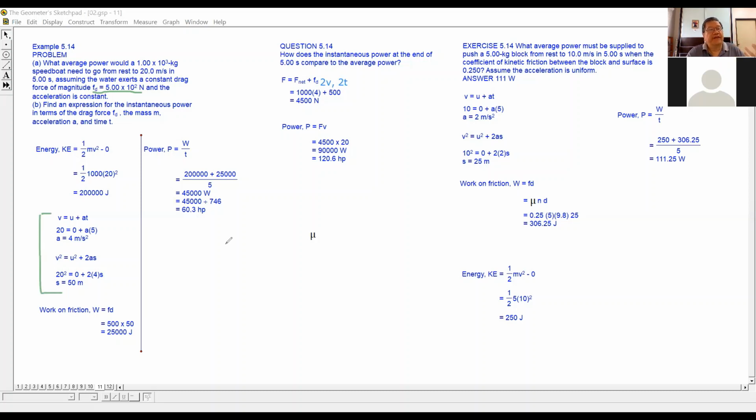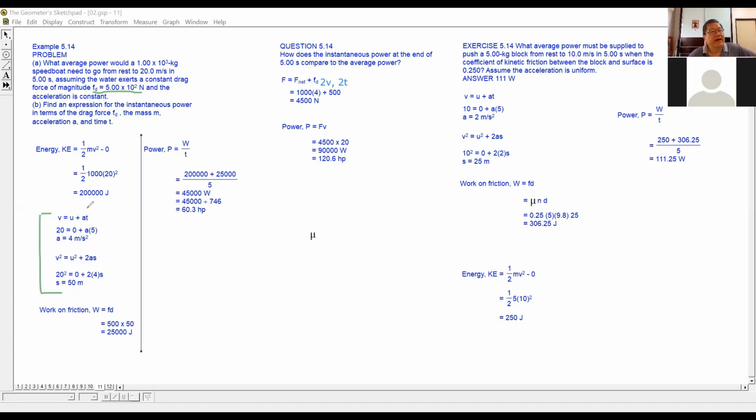Since we know the final velocity, the initial velocity, and the time taken, we can calculate the distance moved against the friction from 0 to 20 meters per second. That distance multiplied with the friction gives the work done against friction, or the energy used to overcome the friction.